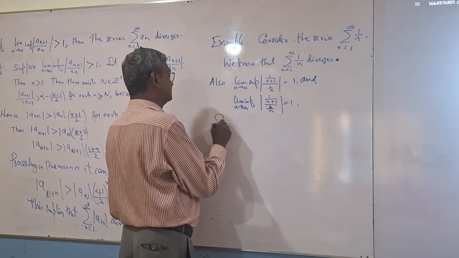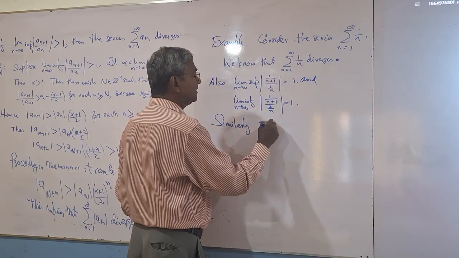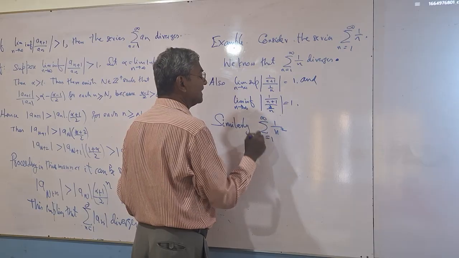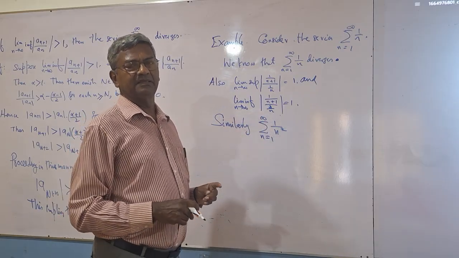Similarly, sigma 1 over n squared converges. We know how to prove this one by how many methods?